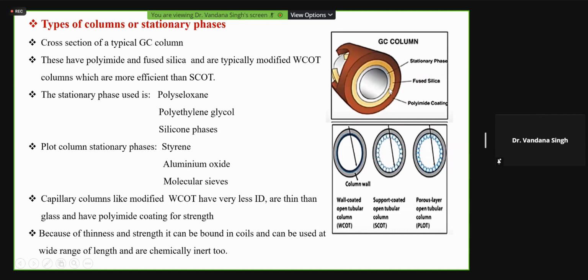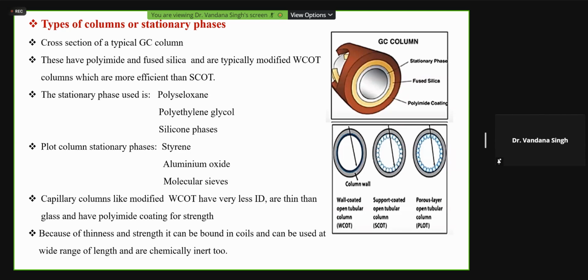As they are capillary columns, they have very small internal diameter. They are coated outside with polyimide coating, so they are very strong, and they are very thin, which gives them the property that they can be wound into coils.